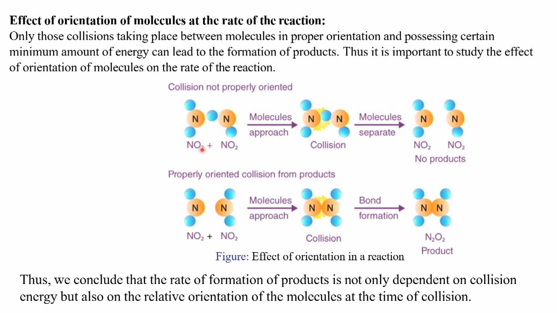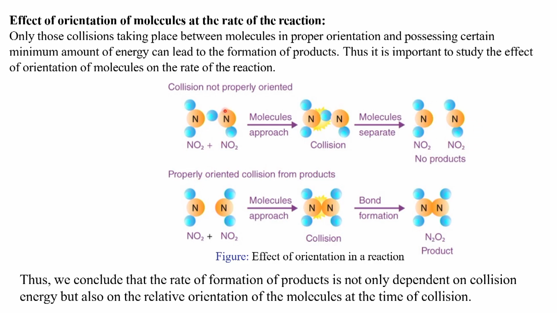Suppose we are considering one NO2 molecule here and another NO2 molecule here. When they approach, they collide like this. The blue are oxygen atoms and the orange is the nitrogen atom. You see the orientation of oxygen is pointing towards N, so the molecules separate. There is no product at all.